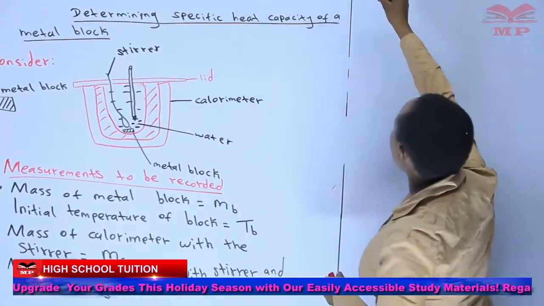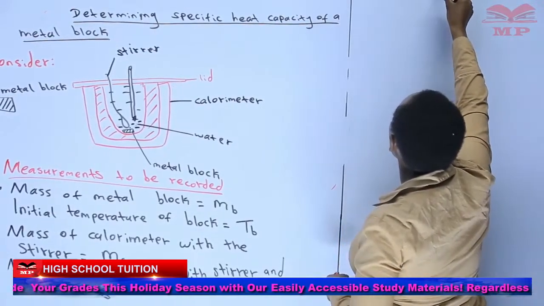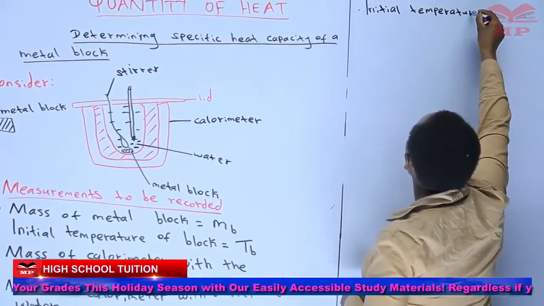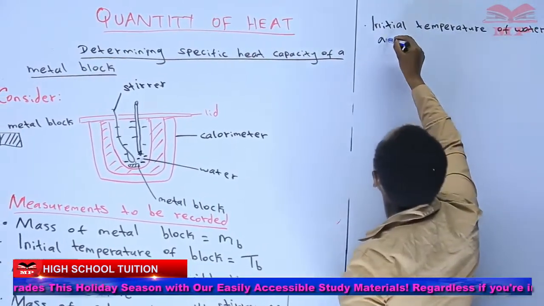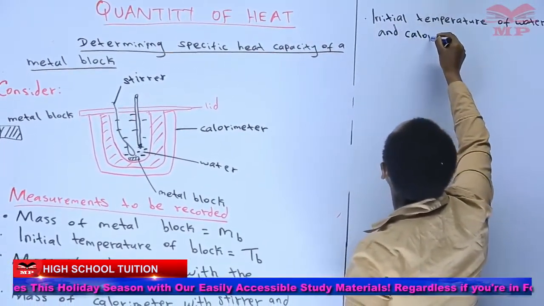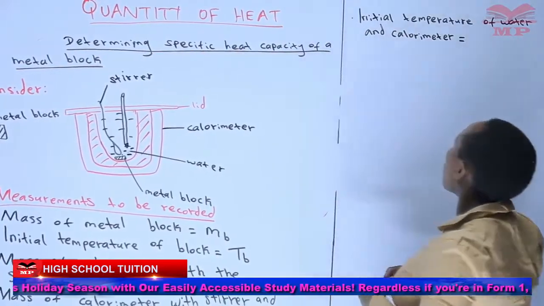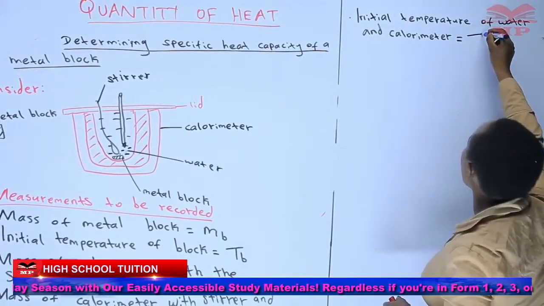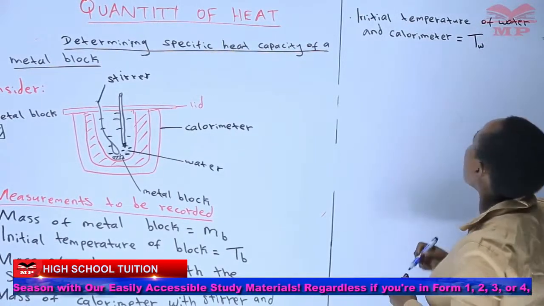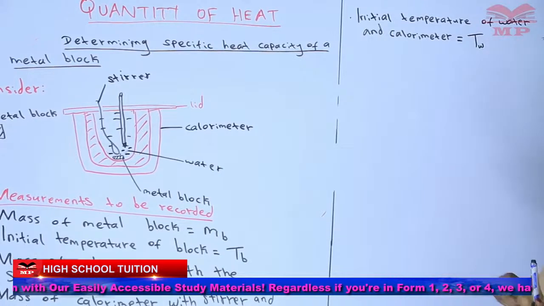So we need to get the initial temperature of water and the calorimeter, which we can call TW. So that is what we have.